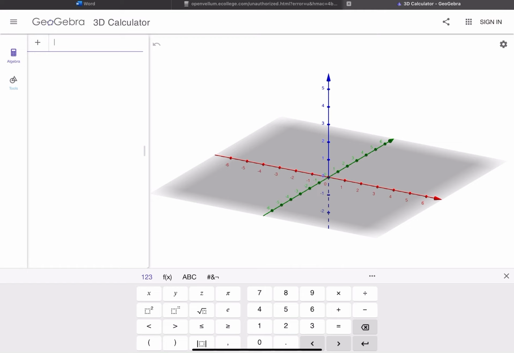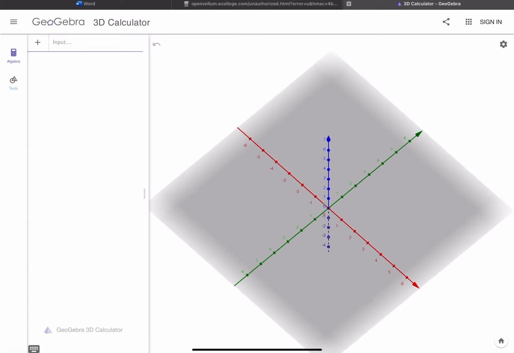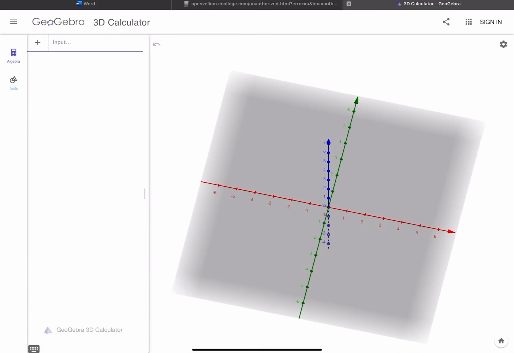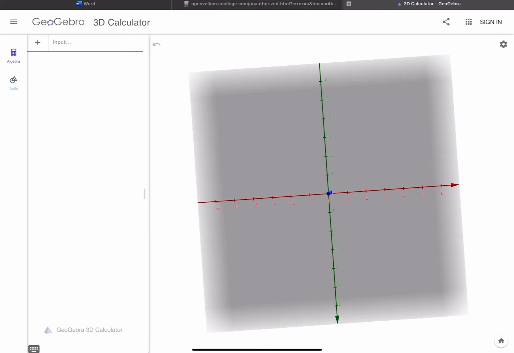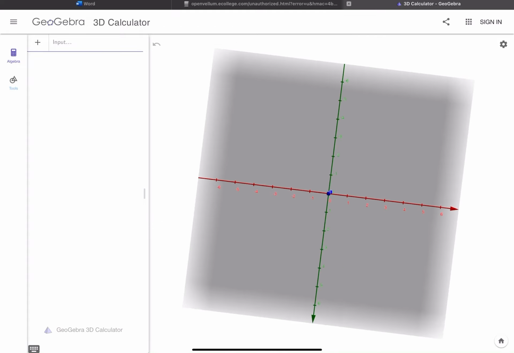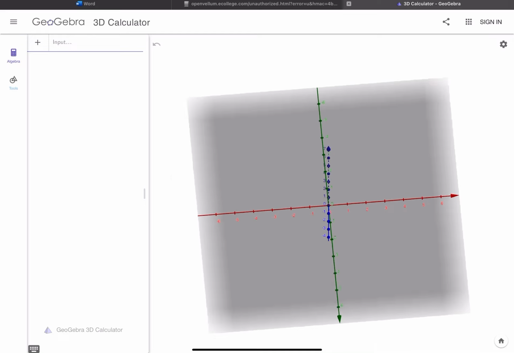So the red axis, the side with the arrow, is the positive x-axis. The green axis, the positive side is the one with the arrow. That's the positive y-axis. And the positive z-axis comes out of the xy plane. So you can see that we have four divisions above the xy plane, and four divisions below the xy plane.